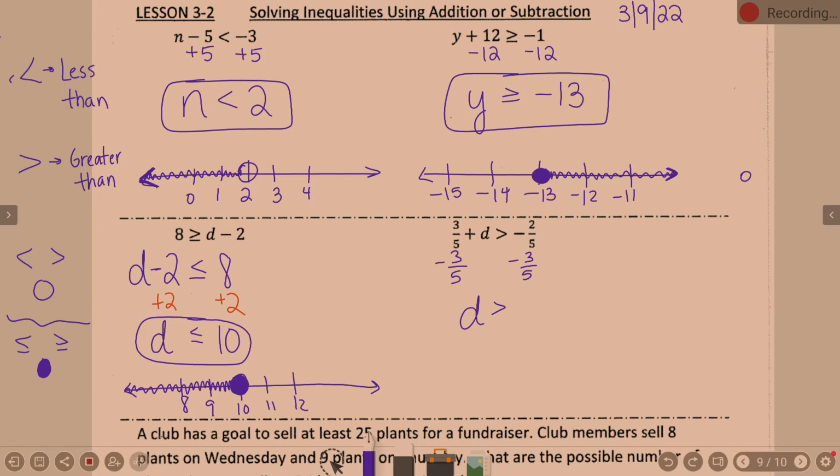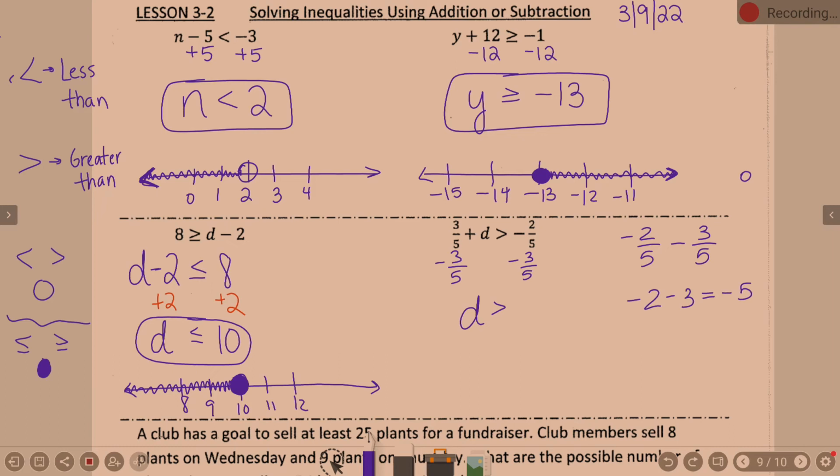And in order to do negative 2/5 minus 3/5, we already have a common denominator. This is the 5. So negative 2 minus 3. What is negative 2 minus 3? Negative 2 minus 3 gives you negative 5.